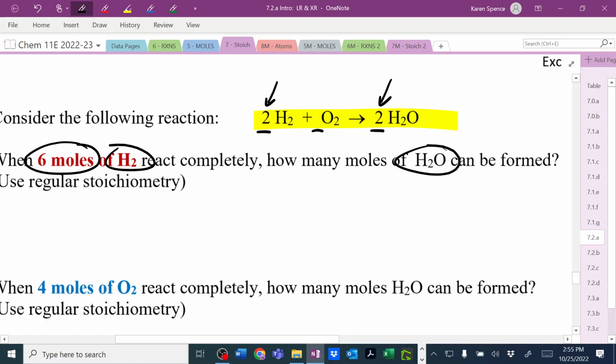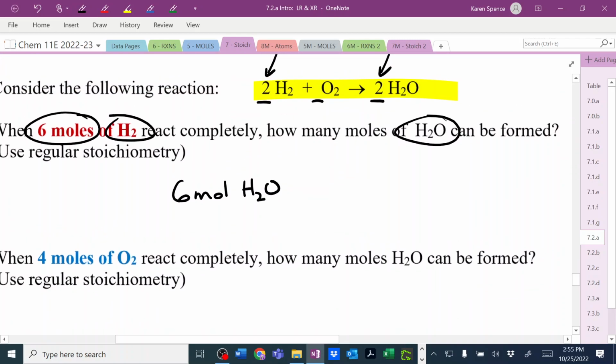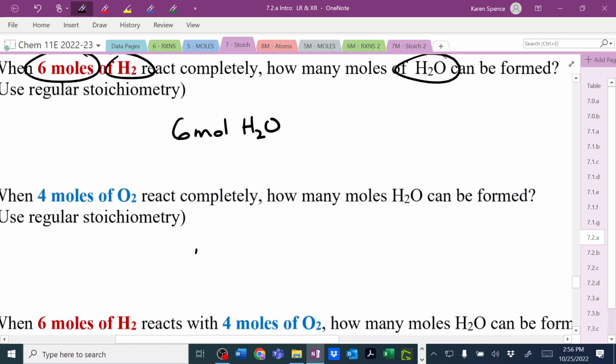So if I react 6, I get 6. If I react 4 moles of O2, how much H2O will we get? 8, because there's 2 waters produced for every 1 O2. So we would get 8 moles of H2O.